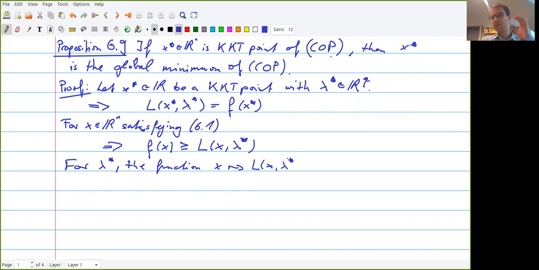If I fix the lambda star, which is done here because we started with the lambda star which we have chosen, well, this is a convex function, right?